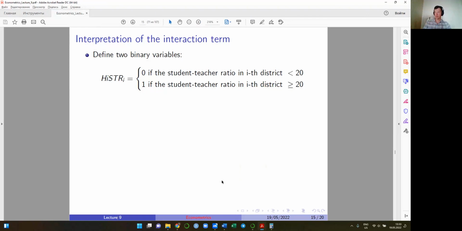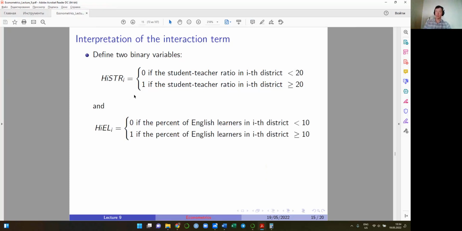So let's see this on our example. Let's define two binary variables applied to our test scores example. One binary variable is high STR, which is 0 if the student to teacher ratio is less than 20, and 1 if the student to teacher ratio is greater or equal to 20, which means that this is a binary variable for districts with large classes.